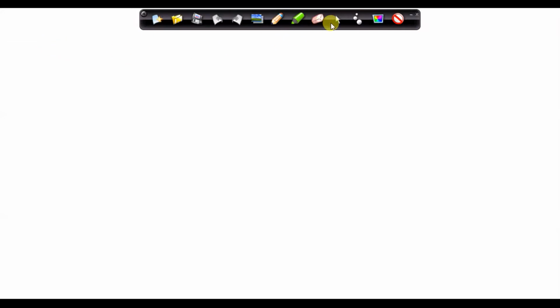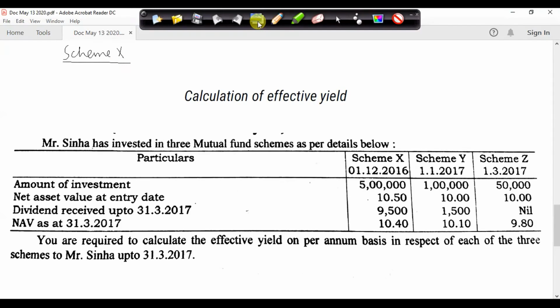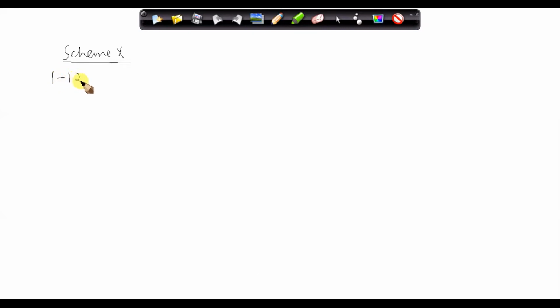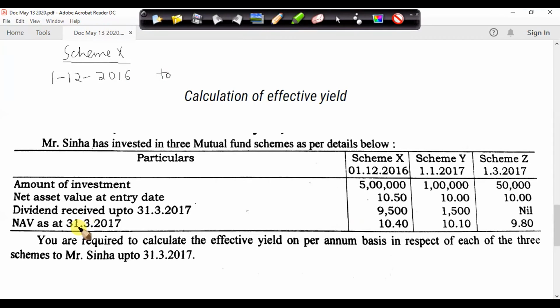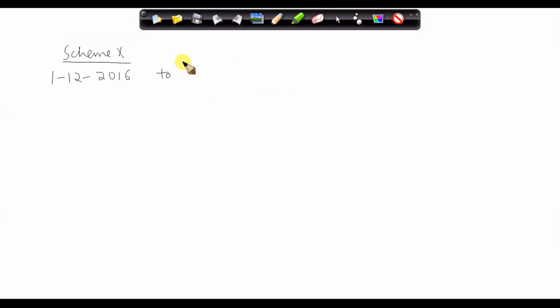So what we are going to do is we are going to solve scheme X. Now friends, on 1st December 2016 we have entered the scheme, and the NAV they have given up till 31st March 2017.